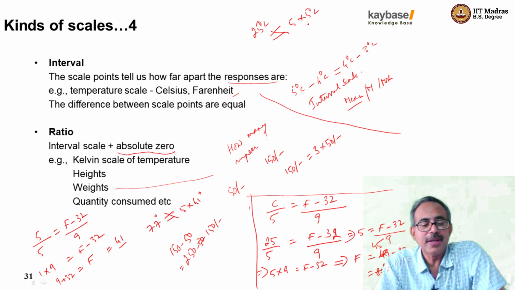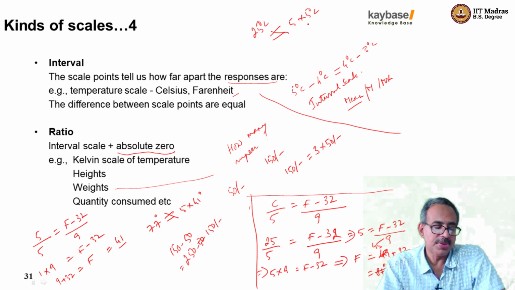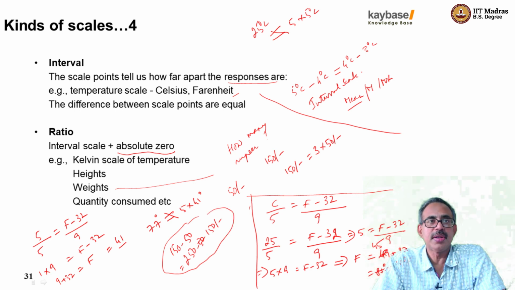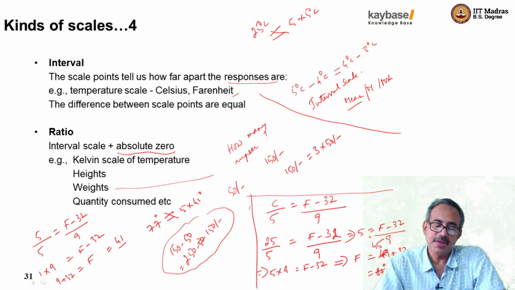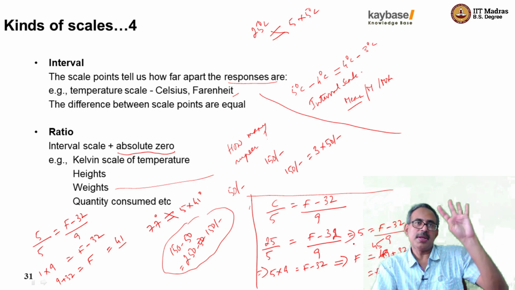Therefore, it is not a ratio scale. Right? I'm sorry for this mistake. I made this mistake because I was thinking one thing and saying something else; I was thinking 45 but I was writing 49. So 9 5s are 45. 45 is equal to F minus 32. Therefore, F equal to 45 plus 32. Is it okay? Yeah.